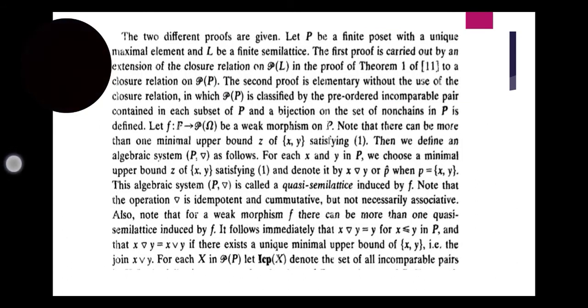Two different proofs are given. Let P be a finite poset with a unique maximal element and L be a finite semilattice.